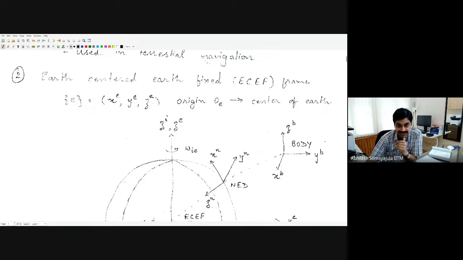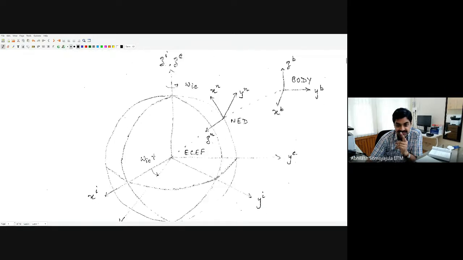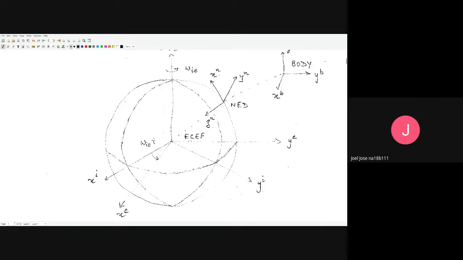Is everybody clear with that? So in the first frame, the inertial frame, the Earth will be spinning as well. So with respect to the coordinate frame, the Earth will be spinning, right?